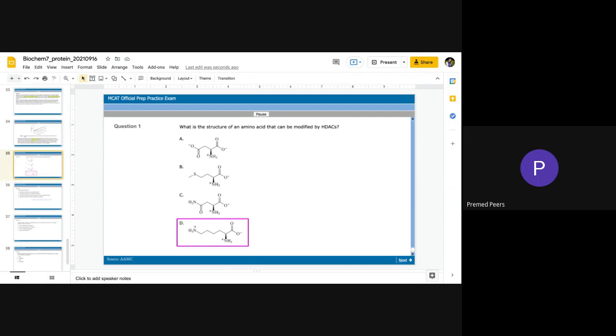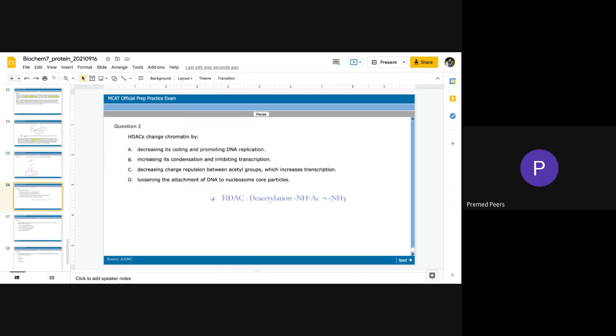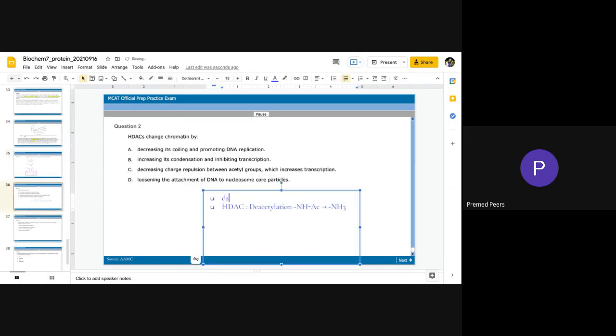The double-stranded DNA backbone is negatively charged because of the phosphate groups. And with HDAC removing the acetyl group, those basic residues become charged.